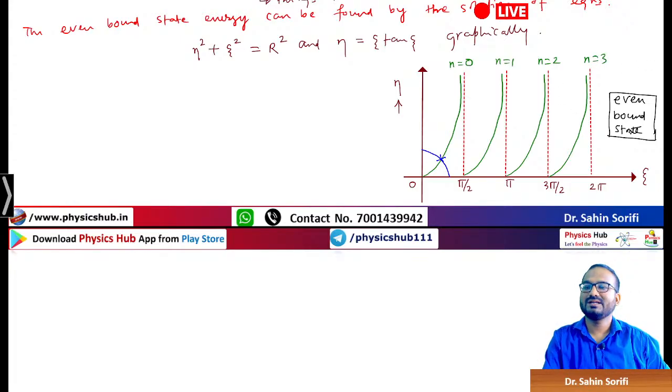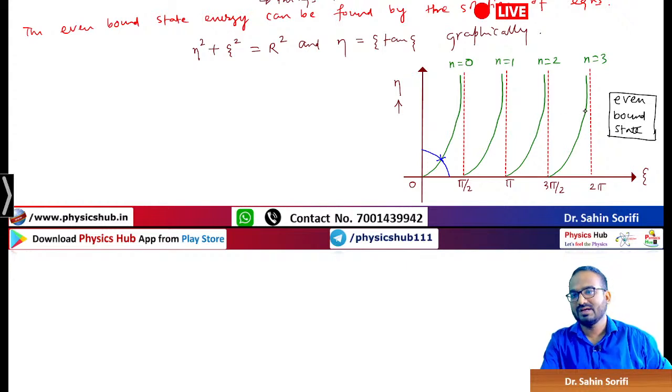So we are only interested in the even bound state. So this is the first one, 0, even. This is not the quantum number, it is another thing. So this is even, this is even, and this is even, and the next one will be even. Whatever comes here will be even.